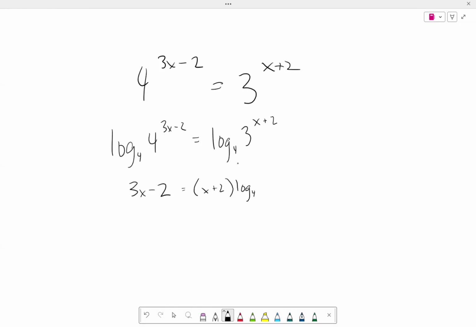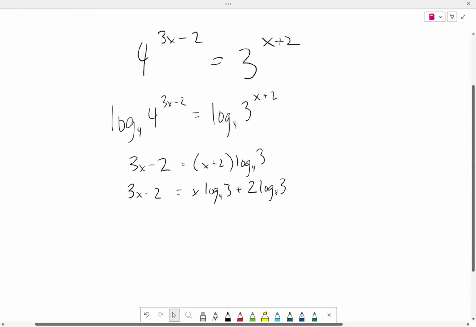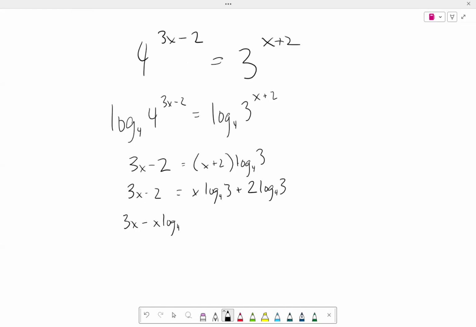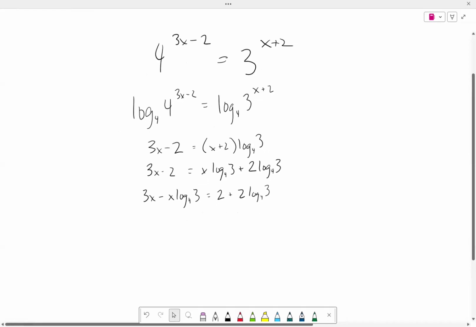And then you distribute the x by 2, and then x log base 4 of 3 plus 2 log base 4 of 3. And then you get all of the x's on the same side, factoring x log base 4 of 3 and adding 2. So adding 2 gives you 2 plus 2 log base 4 of 3, that's the left side.